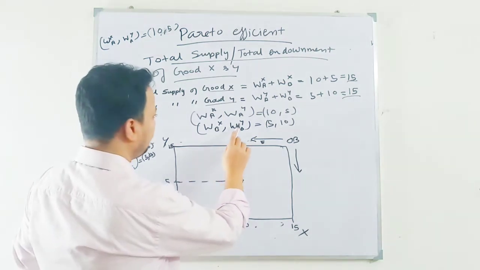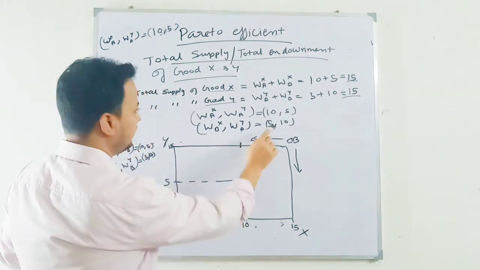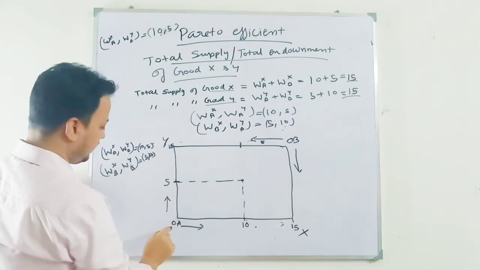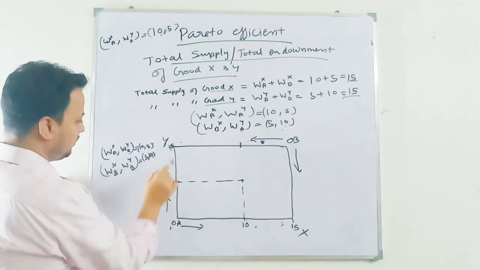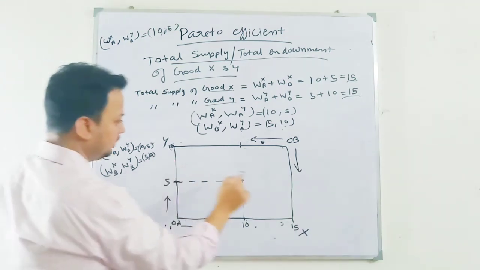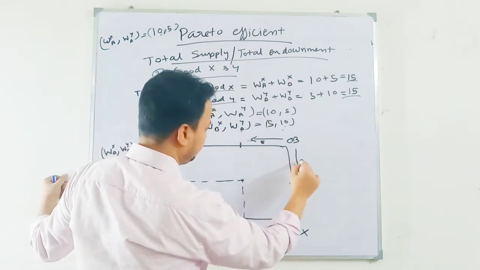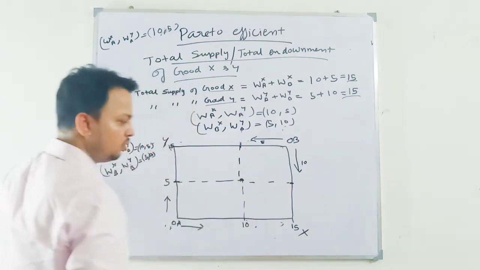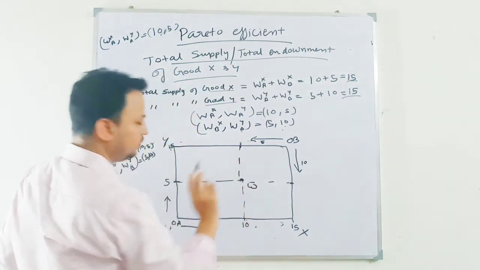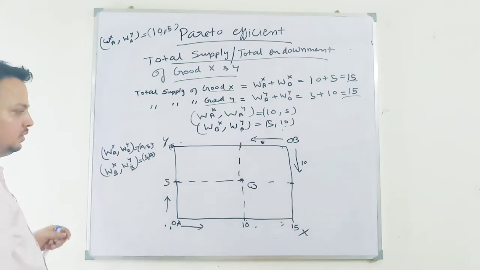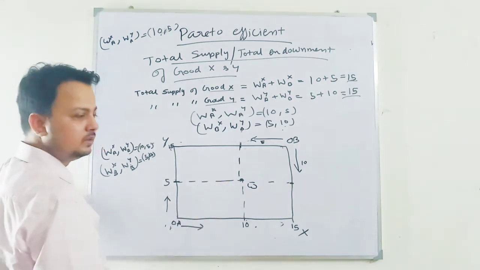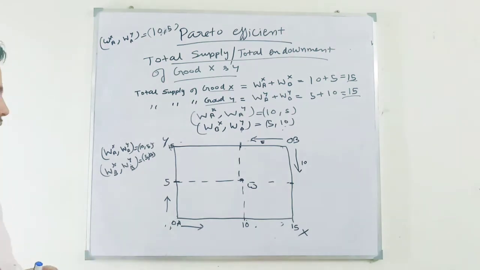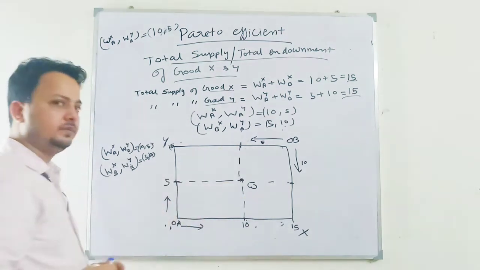What is the endowment of good y with B? It is 10. This total distance from 0 to 15 is 15. 15 minus 5, you get 10, so this distance is 10. So join this point. The endowment point will be the same for both. This is the endowment point of consumer A and B, and this is the Edgeworth box graph.